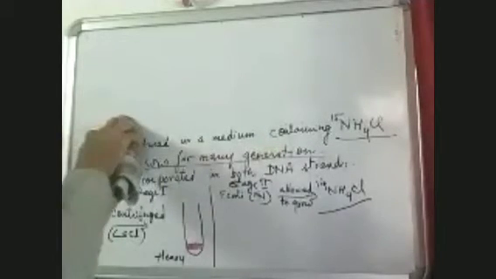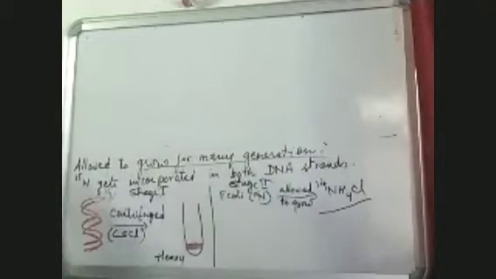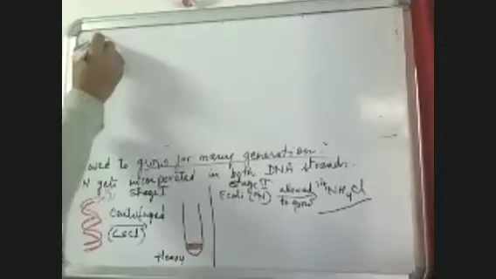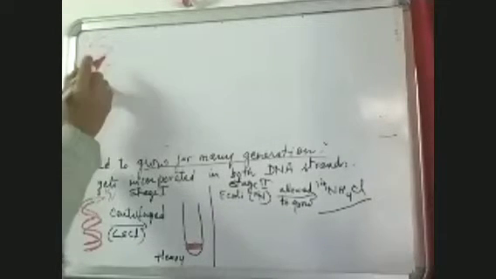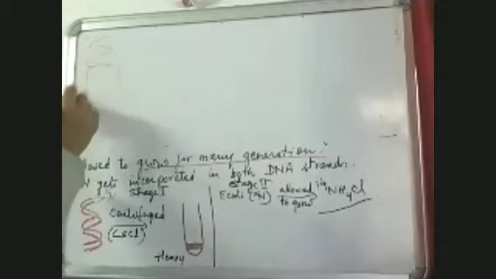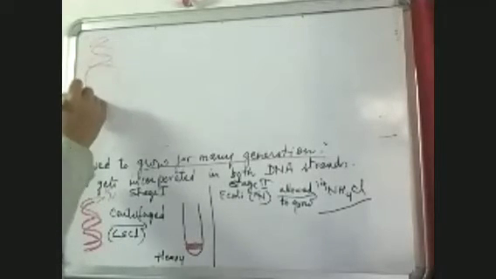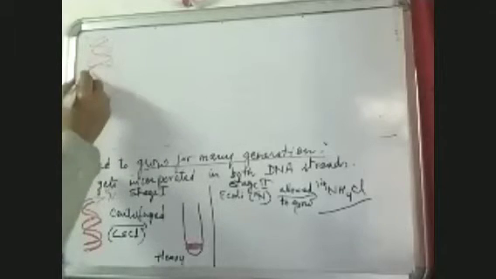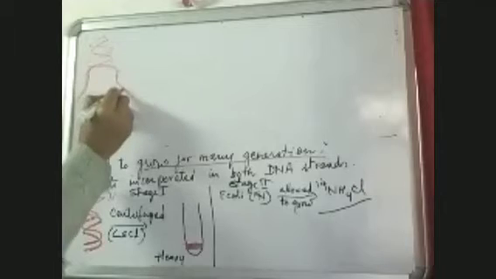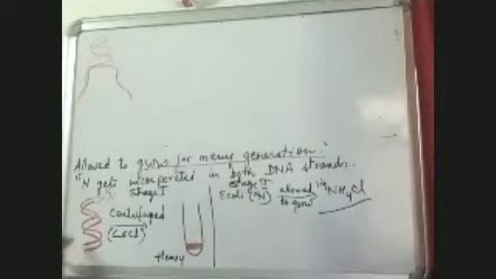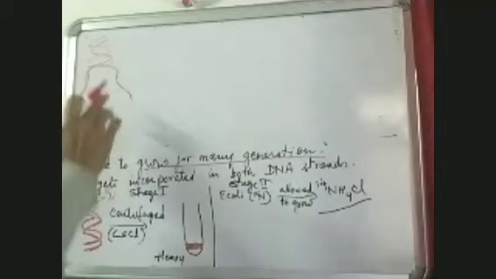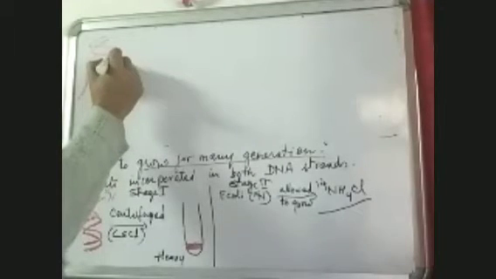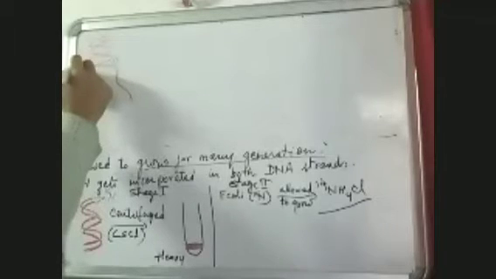When it was allowed to grow in the normal medium containing N14, this replication took place, and when replication takes place, this red strand will open up. Both the strands will open up. Second strand will also open up. So one strand is old. That means one strand has N15 in it. Out of these two, both have separated for replication. These both were N15. The red color signifies N15.